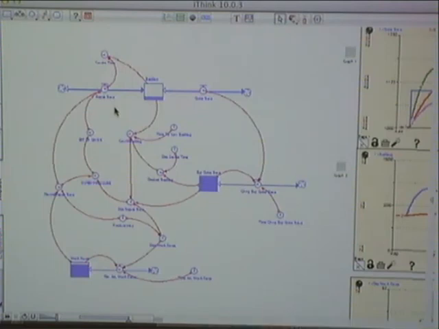Okay, so what we've done in two cases today, the market growth model and this backlog workforce model, is demonstrate the principle of shifting the burden to the intervener, with possible dependence, possible addiction.